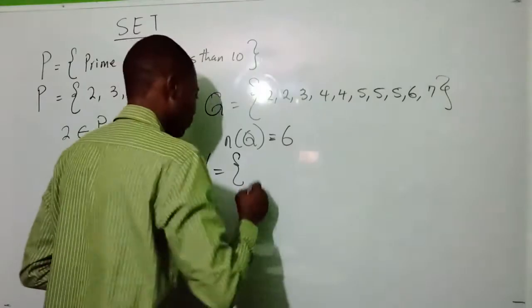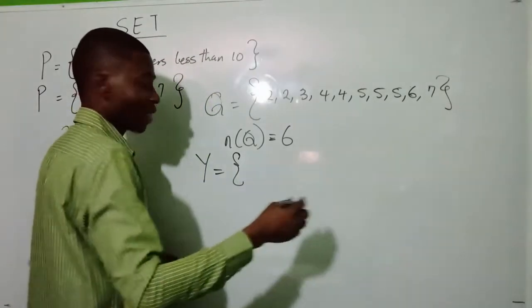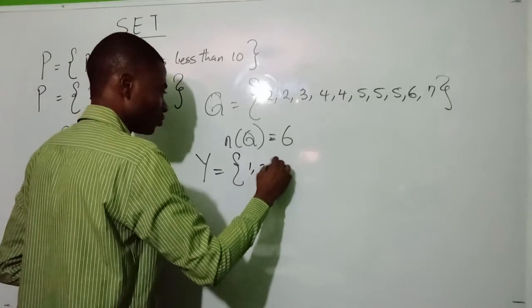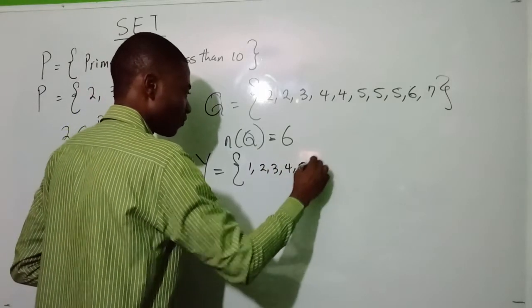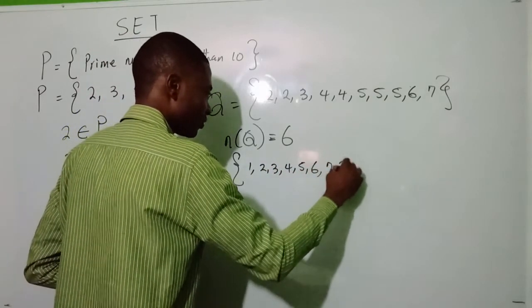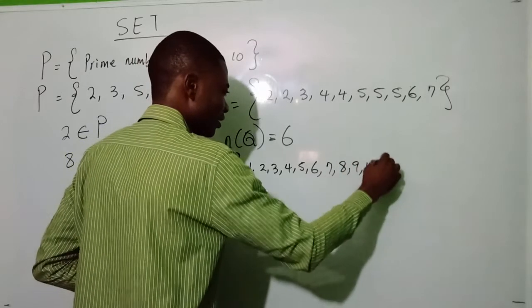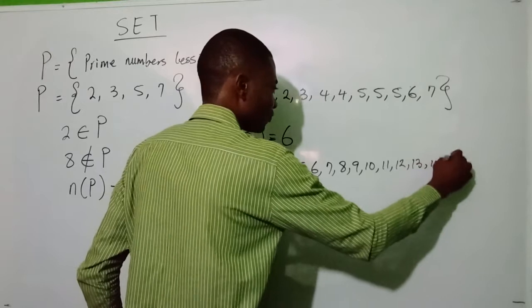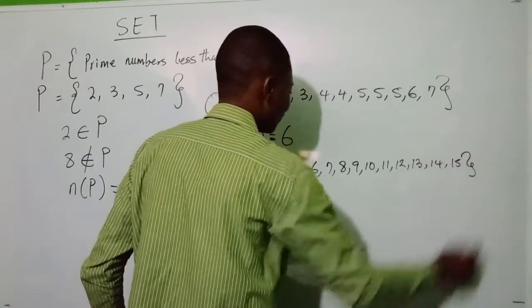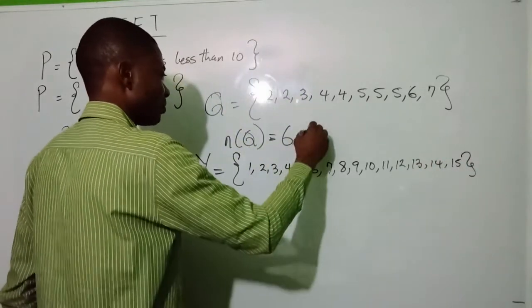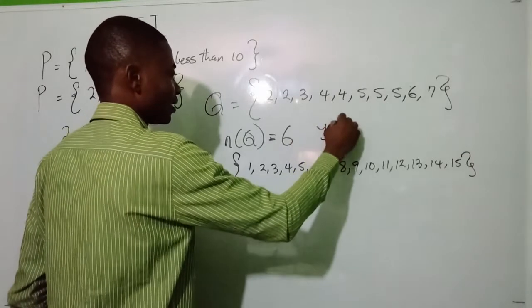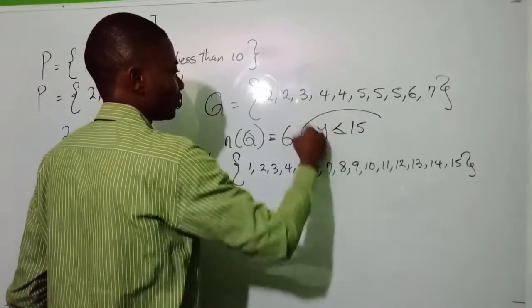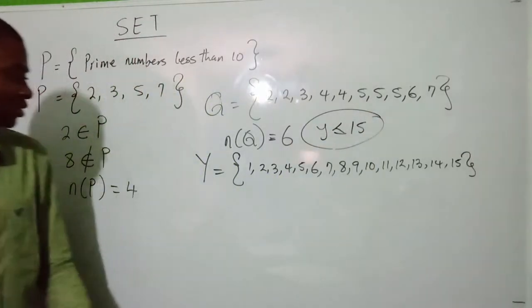If you want to write that, I'll say 1, 2, 3, 4, 5, 6, 7, 8, 9, 10, 11, 12, 13, 14, 15. This was integers. That means Y is less than or equal to 15, of integers.